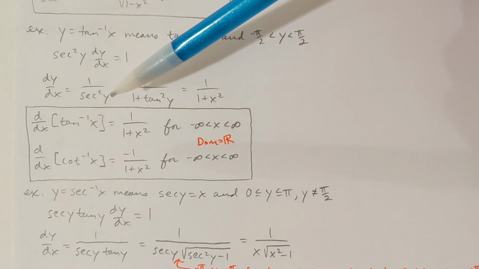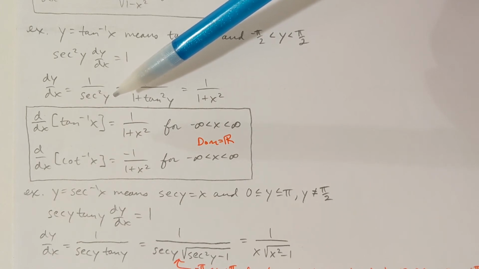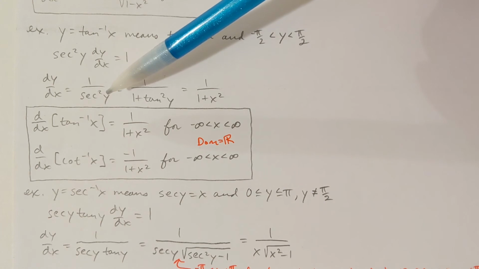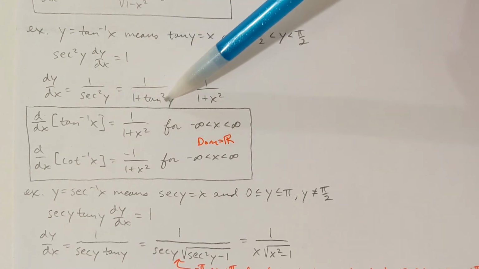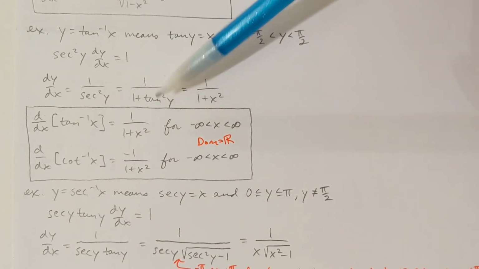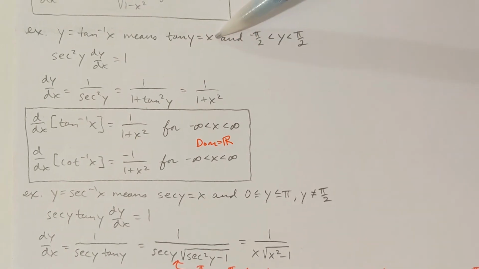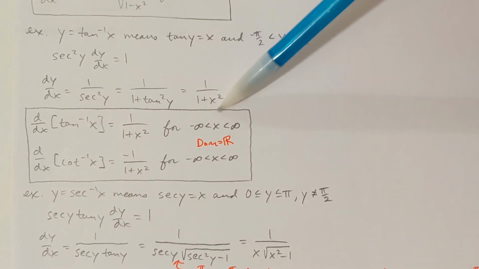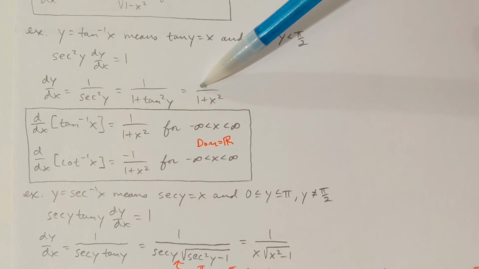And now, another Pythagorean identity that we have to know is secant squared y minus tangent squared y equals 1. So secant squared y would be 1 plus tangent squared y. I'd want to use that identity. The reason is because tangent of y is x. So I can get a formula now in terms of x.